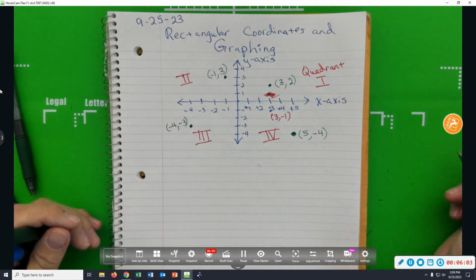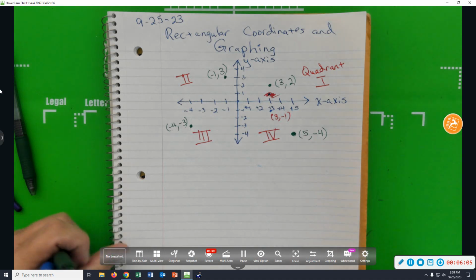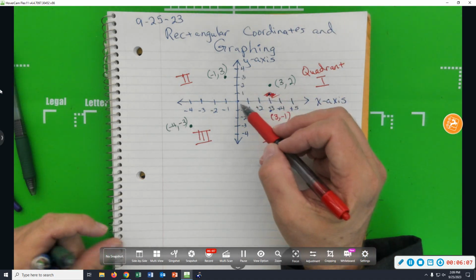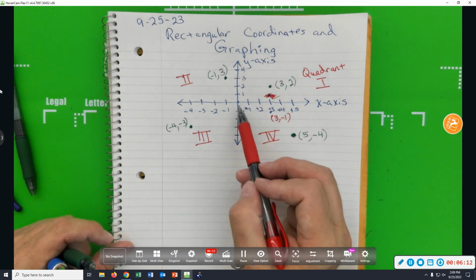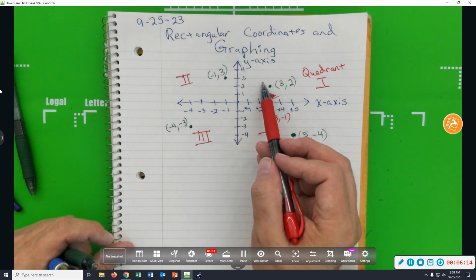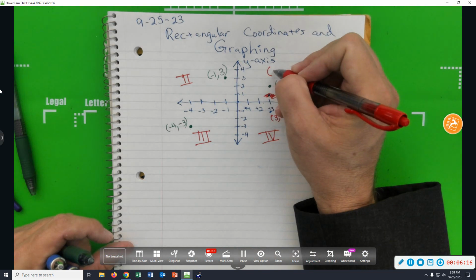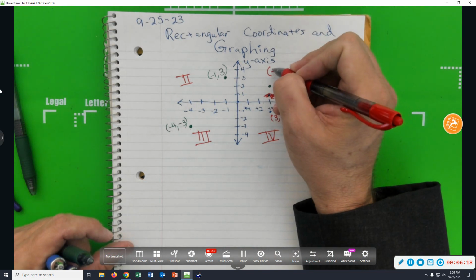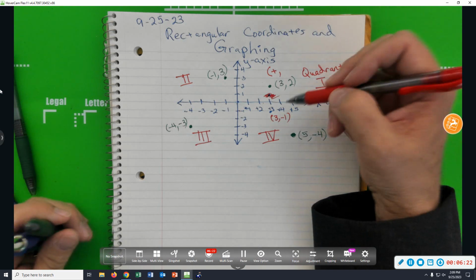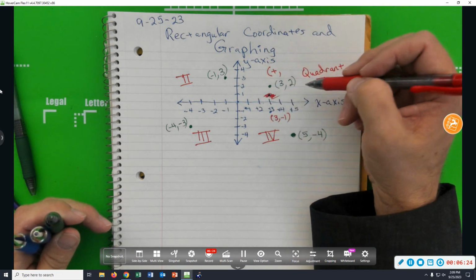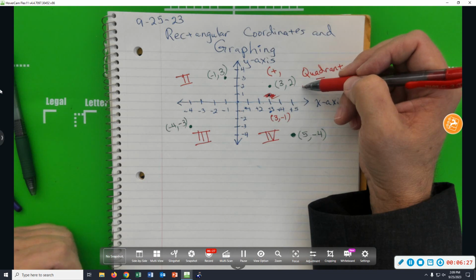Let's think about the signs in each quadrant. Okay, in this region right here, to get into quadrant 1, you'd have to go to the right and then up. That means the first coordinate must always be positive. What about that second coordinate, the y-coordinate? To get up here, will the y-coordinate be positive or negative?